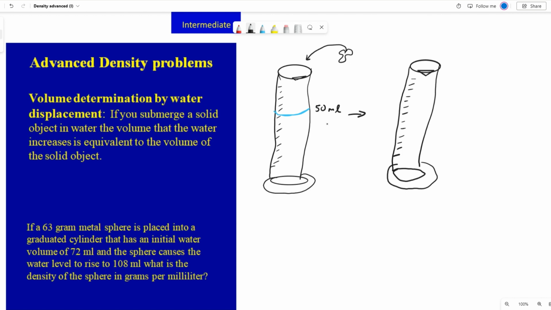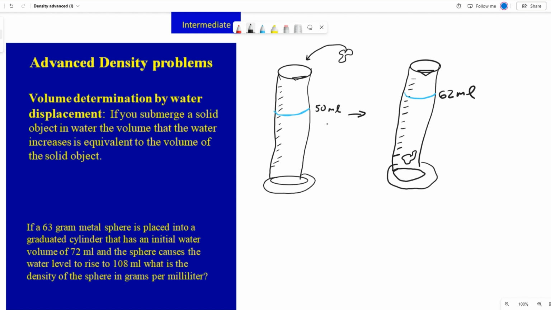And this is often much easier to find the volume of solid objects like this than by doing a calculation. So let's say you place the solid object in the graduated cylinder and the water level increased from 50 to 62 milliliters.